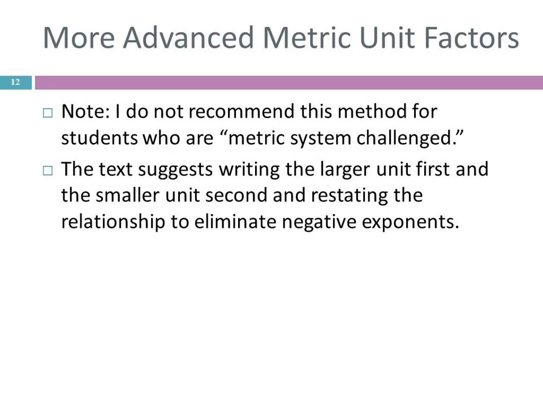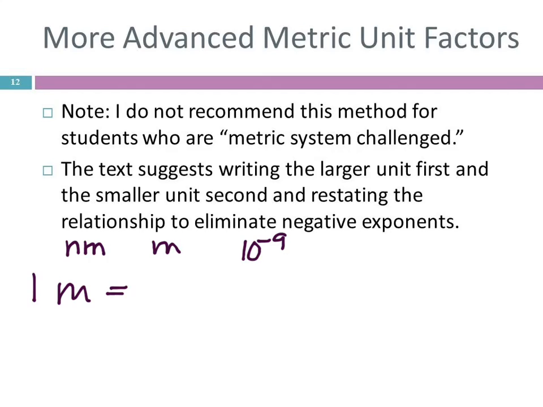So let's think about nanometers. We'll do the relationship between nanometers and meters. Well, which unit is larger, meters or nanometers? Meters. So 1 meter is equal to, and then nano means 10 to the minus 9, right?